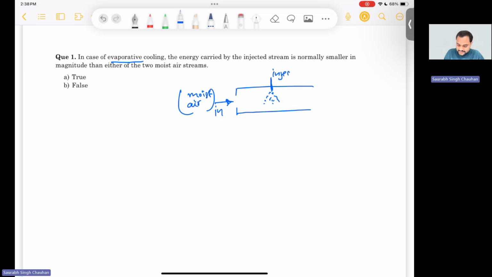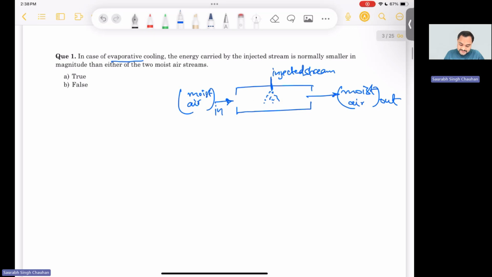That is nothing but the injected stream, and at the outlet you have cool moist air.